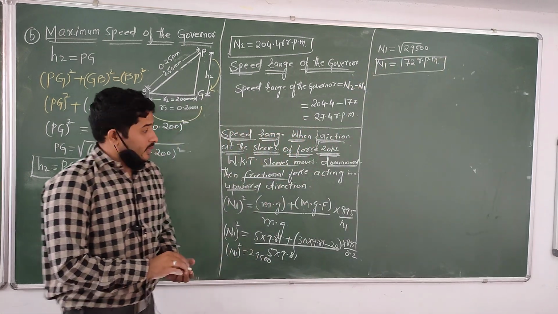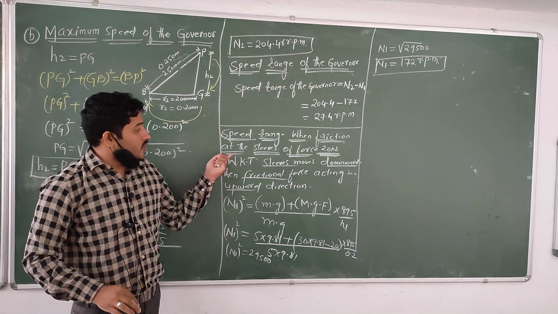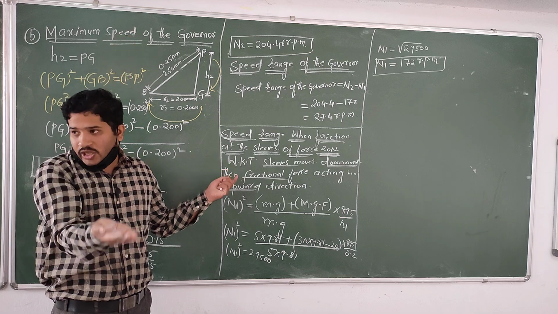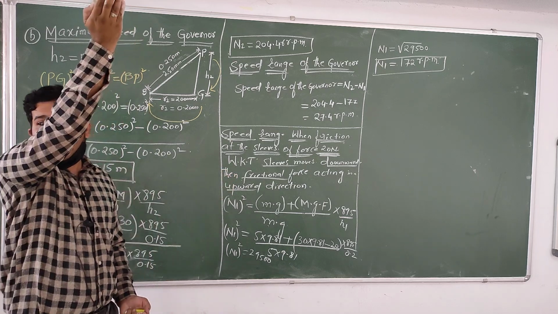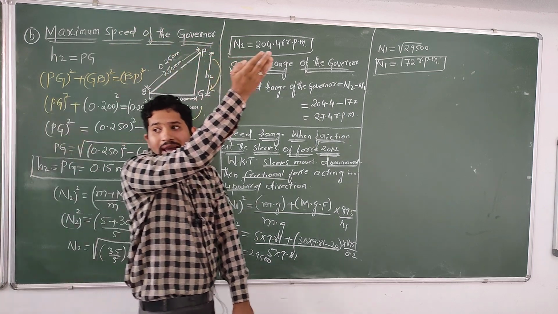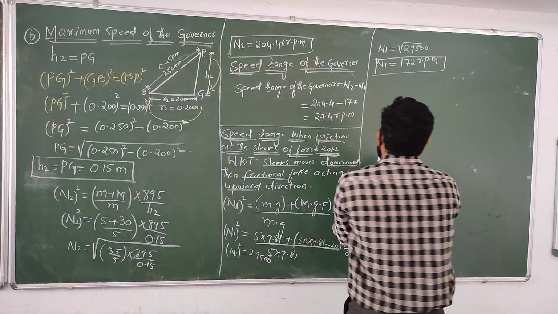In second case, okay, if the sleeves moves in an upward direction, the limiting force of friction is acting in a downward direction.